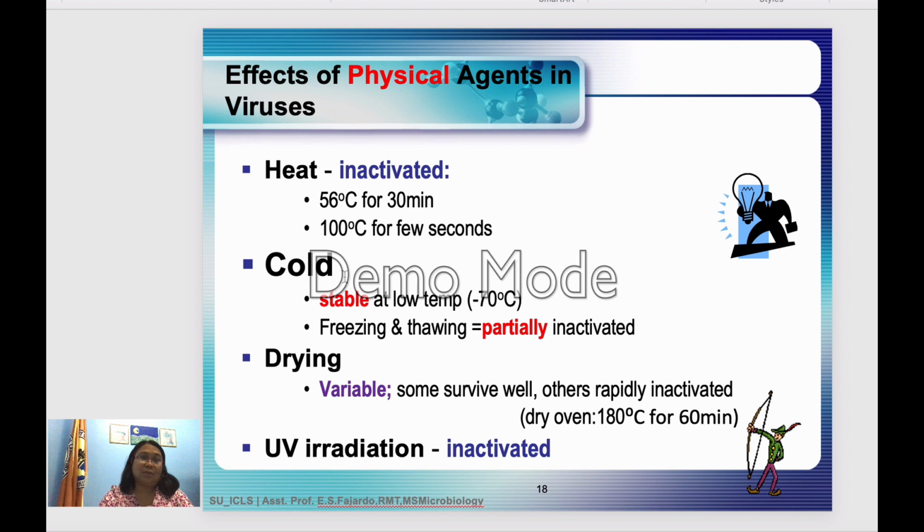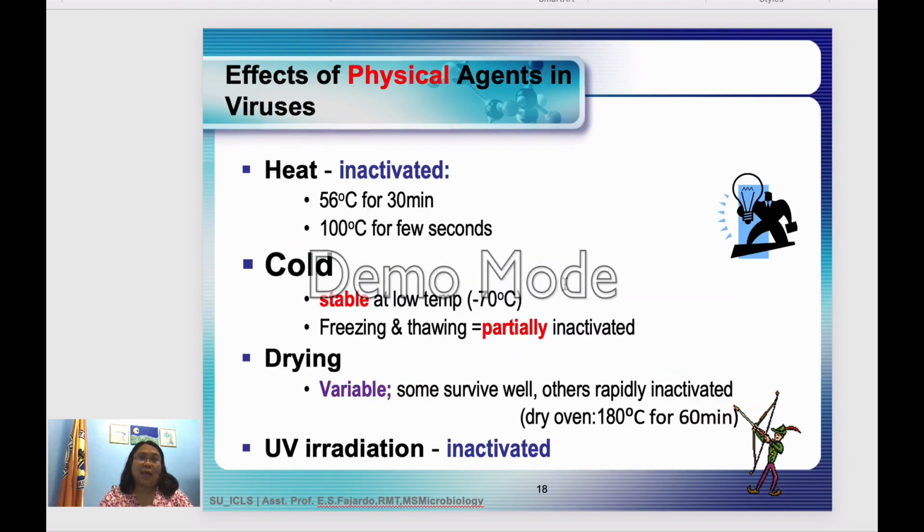Viruses are stable at low temperature, even at negative 70 degrees centigrade. However, if you keep freezing, thawing, and then putting it again in the refrigerator, and then thaw it again, they can be only partially inactivated, but they cannot be fully inactivated.